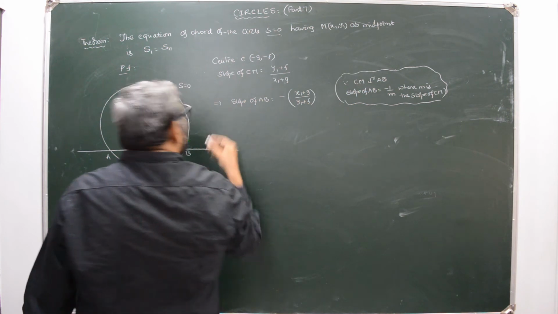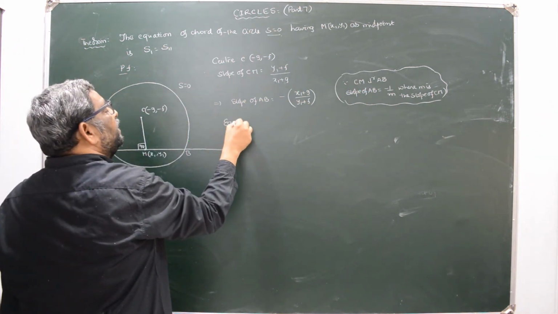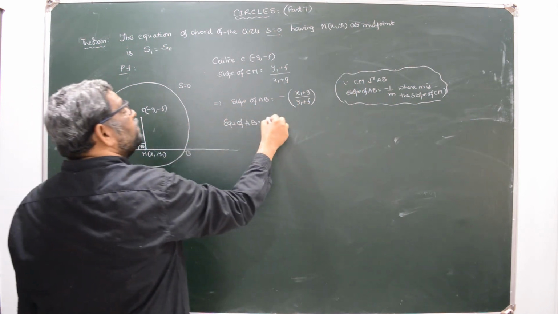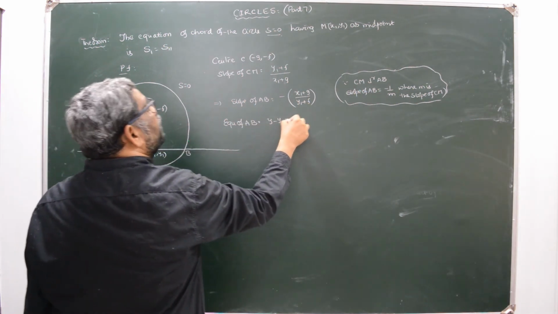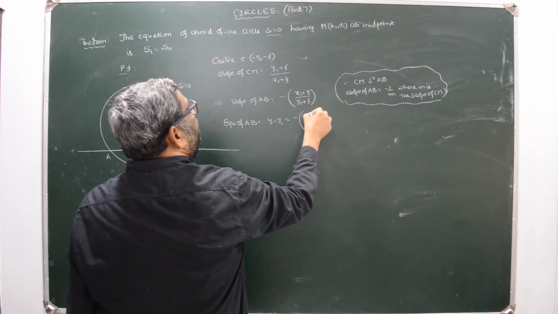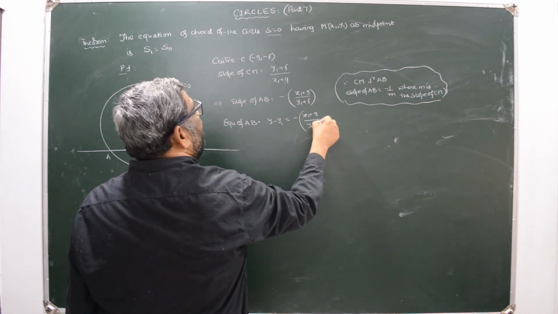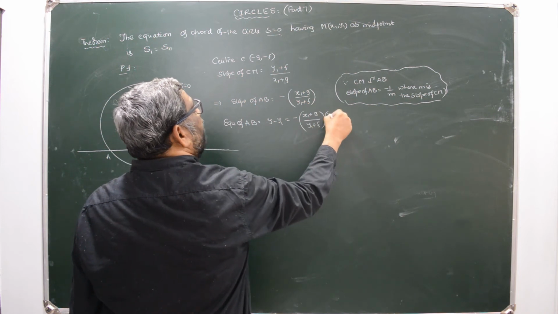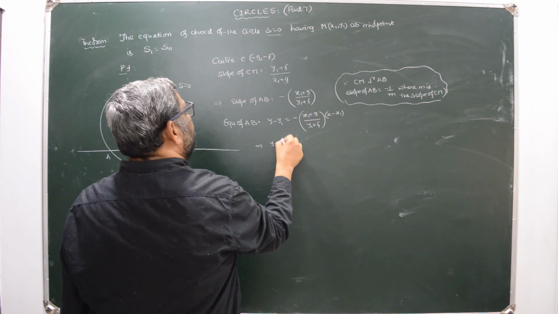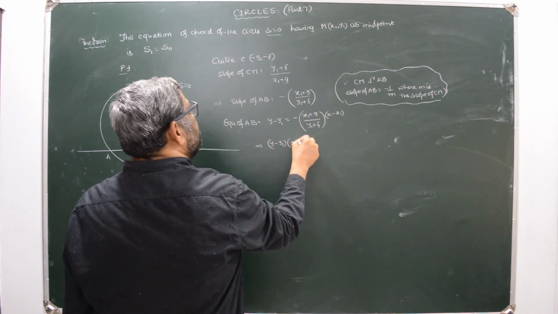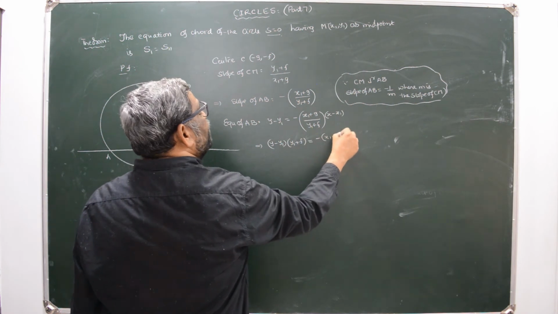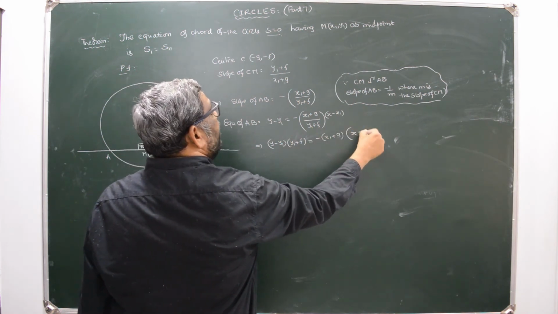Now the equation of AB. This is the point (x1, y1): y minus y1 is equal to minus of (x1 + g)/(y1 + f) into (x minus x1). So (y minus y1) into (y1 + f) is equal to minus of (x1 + g) into (x minus x1).